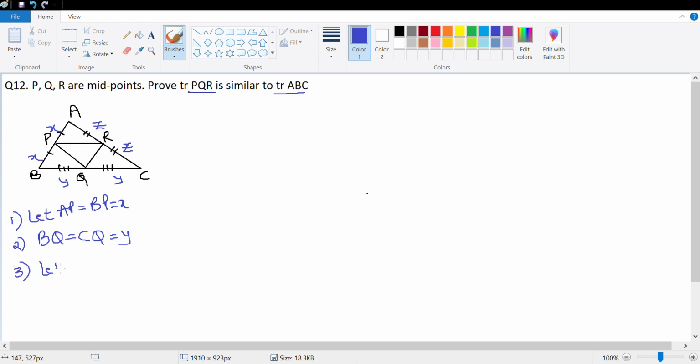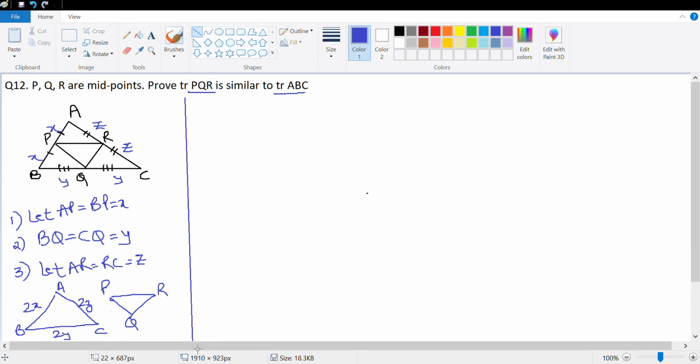And let AR is equal to RC is equal to Z. So what we need to prove is PQR, this is ABC and this is PQR. This is PRQ, this is A, B and C. AB is 2x, this is 2y, this is 2z, this is, we don't know. So let's just see what we can get.